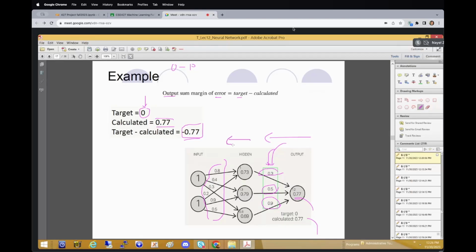That's why it is called backpropagation, or backward propagation. It is about how to change those values to change our outputs.